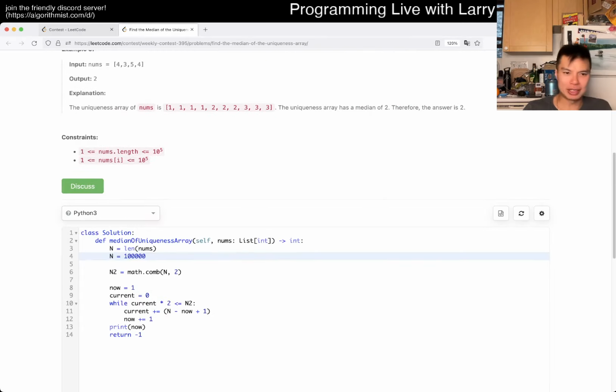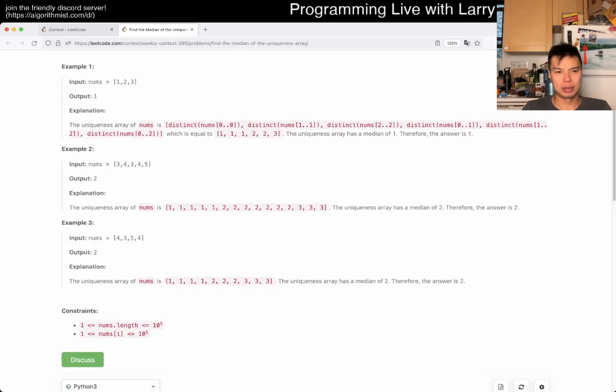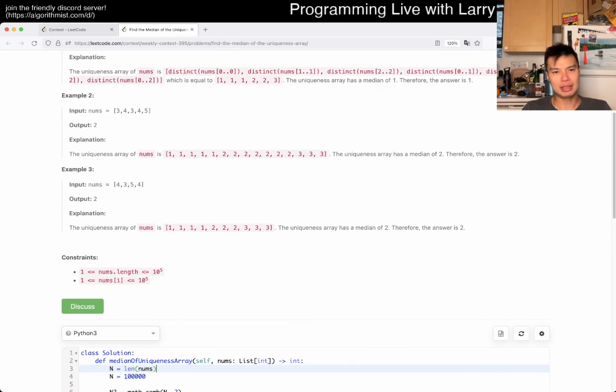Okay, let me reset. Do I need to calculate this away? Probably not, because there's n squared things. I still feel like as a result it's binary search, but how do I binary search?